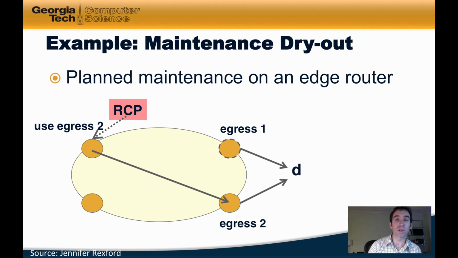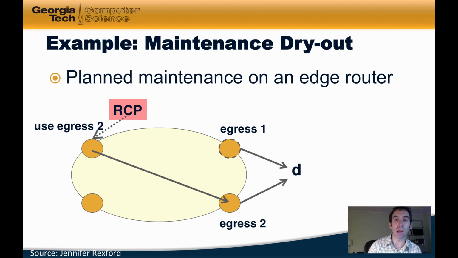This would be much more difficult in today's networks because the network operator would have to use existing routing protocols to adjust the configuration of individual routers in the network to effectively tell all of them to switch their route from one egress point to another.